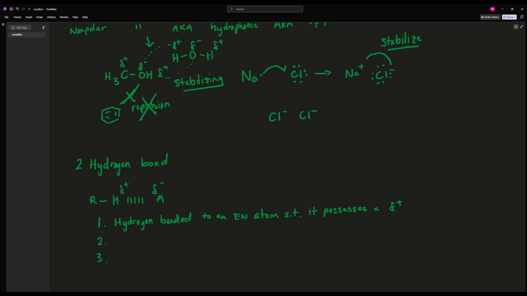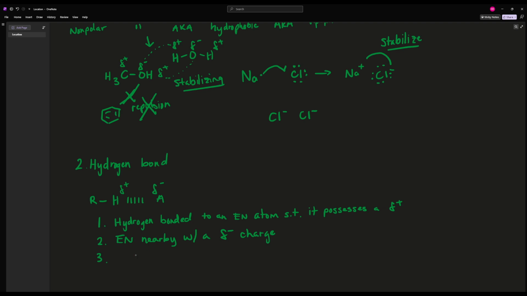This gives us the partial positive charge on the hydrogen, but that is only one part. Additionally, we need an electronegative element nearby with a partial negative charge.